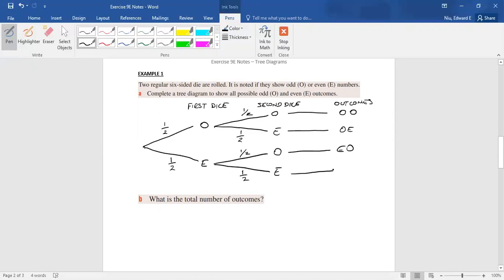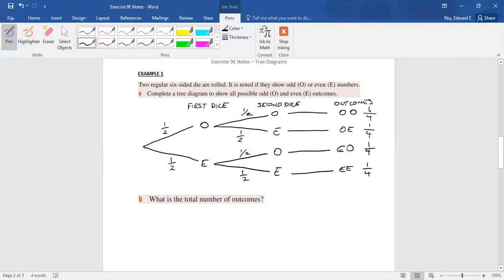And then this last branch, we get 2 evens on both dice. We take a look at how many outcomes there are. So there's 1, 2, 3, 4. So what we do is we put 4 as our denominator and 1 on top. So we've got a 1 in 4 chance of getting each one of these.